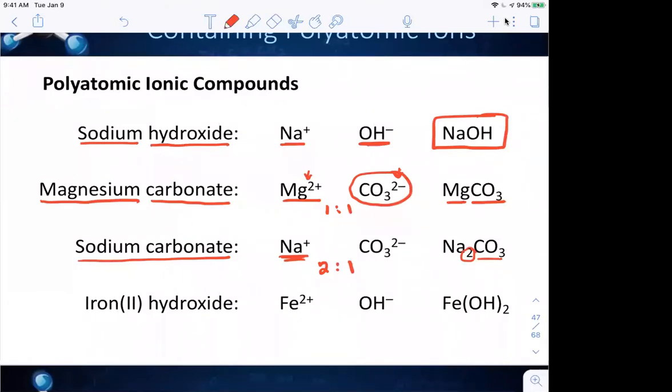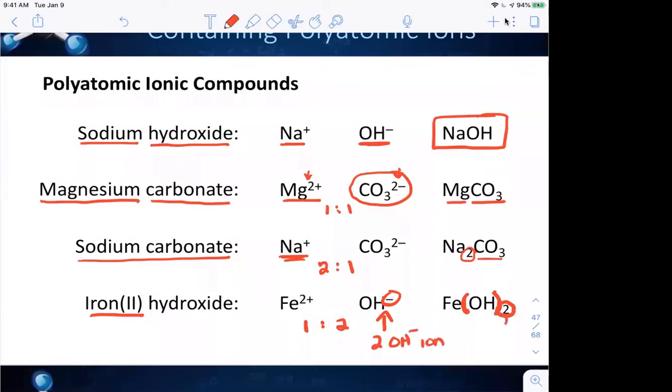Here is one of those type 2s where iron can form either a +2 or a +3. Here, this tells me with the Roman numeral parentheses 2, I have the iron 2+ ion. So now I need a 1-to-2 ratio because this is a negative charge. So I need 2 hydroxide ions. So when I do that, I'm going to draw parentheses around the ion, and I'm going to put that subscript outside.